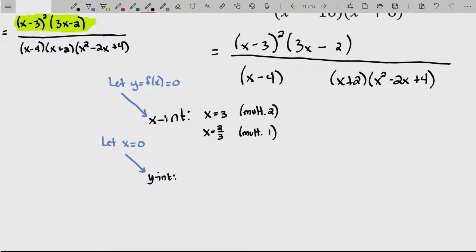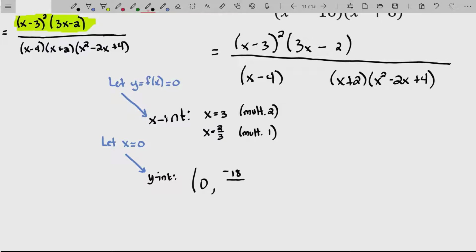I still do try to look for Y-intercepts, but only to find out whether they're positive or negative. For example, in this situation right here, if you allow x to be 0, the numerator becomes -3 squared, which is 9, times a -2, which is -18.